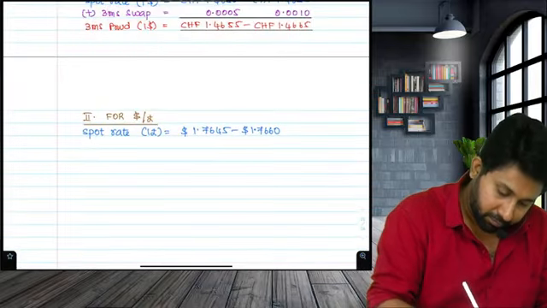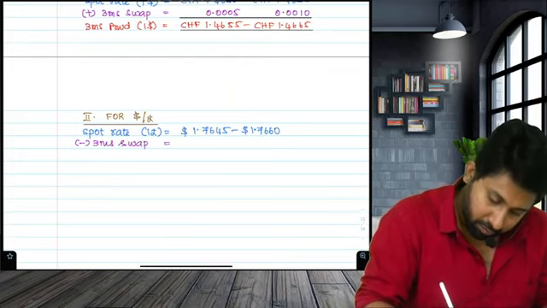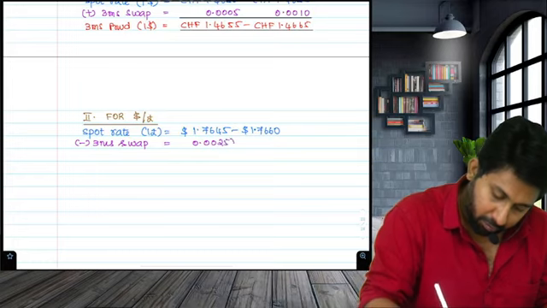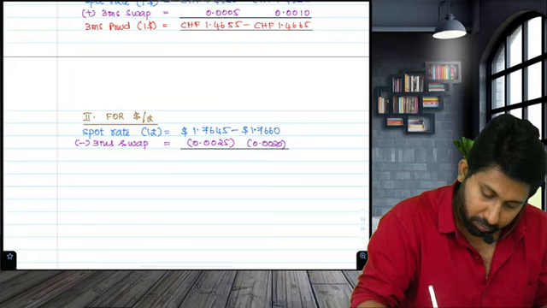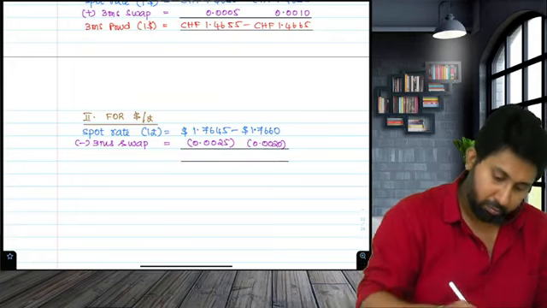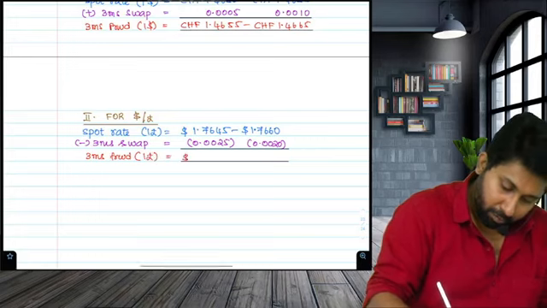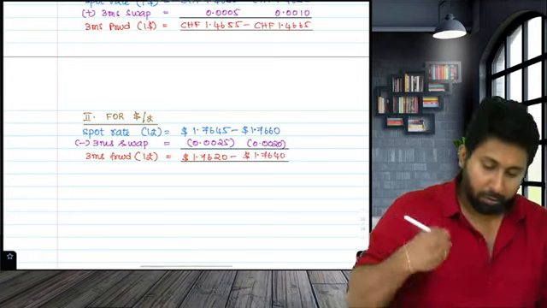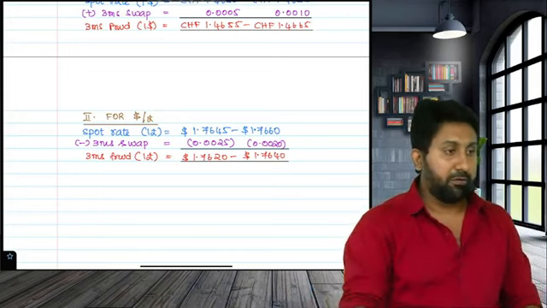Swap adjustment: 1.7620, 1.7640. So hope everyone understood the forward now.